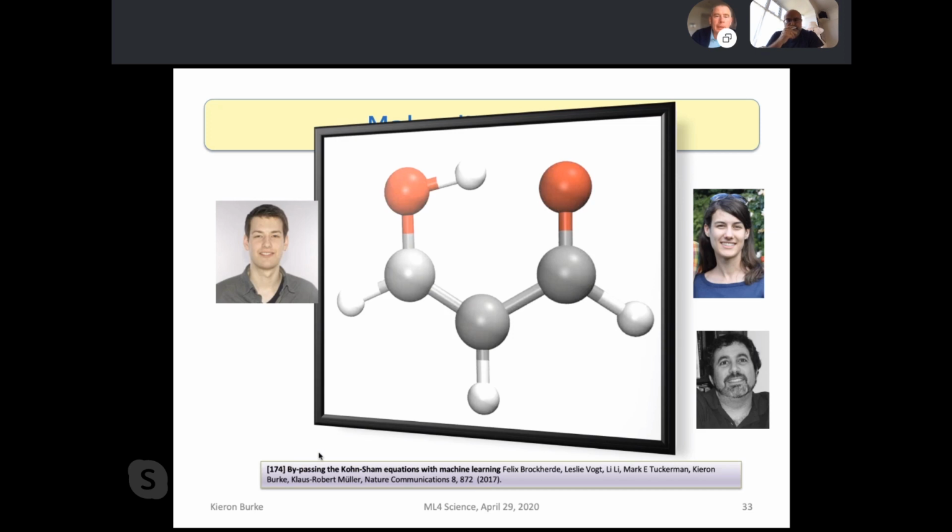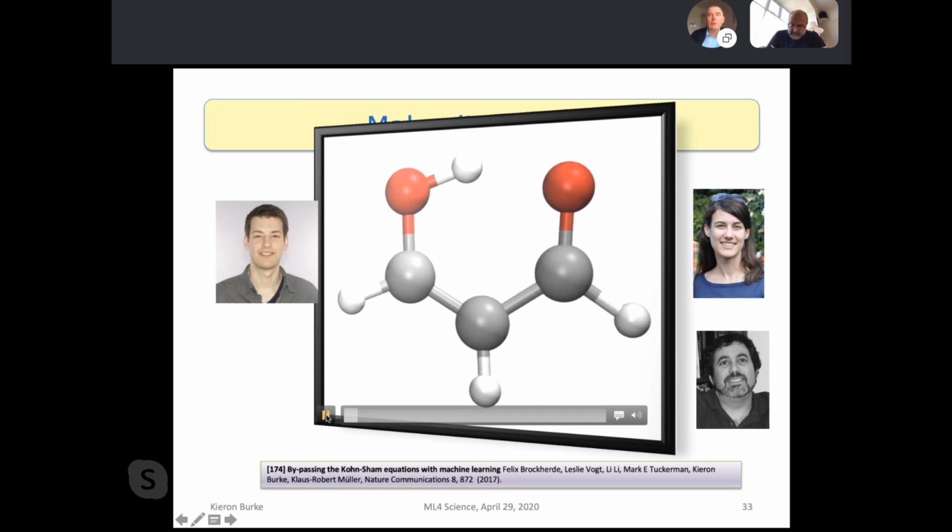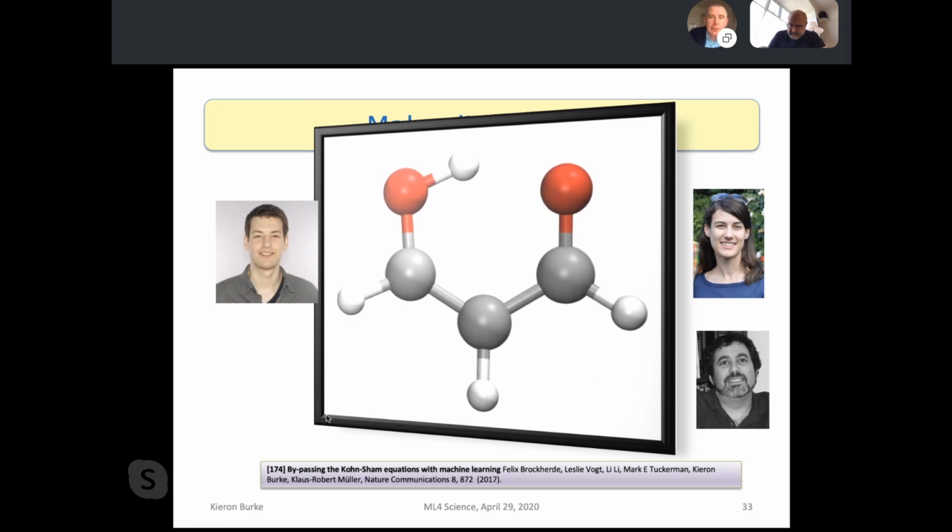Okay. And then, a few years ago, I guess it came out in 2017, I'm not sure if this is my movie that I like to show. So what we did was we ran a bunch of DFT calculations on this molecule, malonaldehyde.